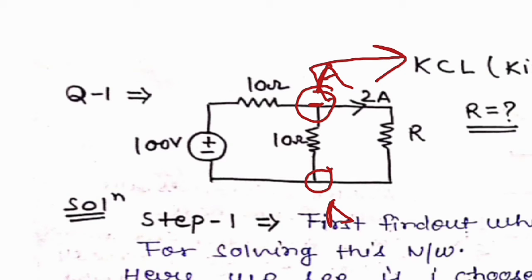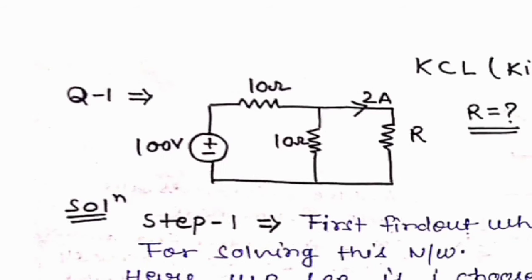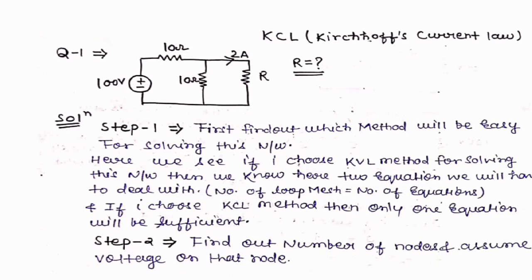This way you can select which method is appropriate for solving the network. This is our first step, which method is appropriate, because in KVL the number of loops here is 2, so the number of equations is 2.